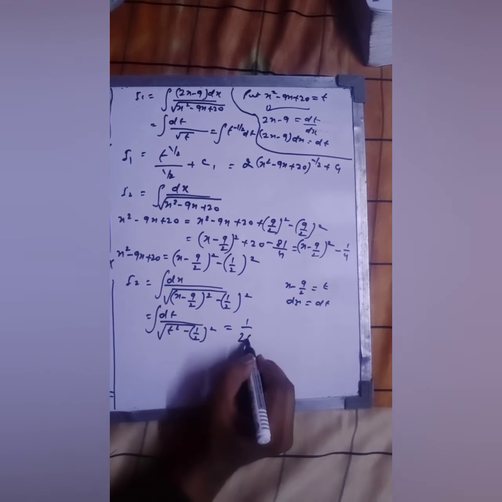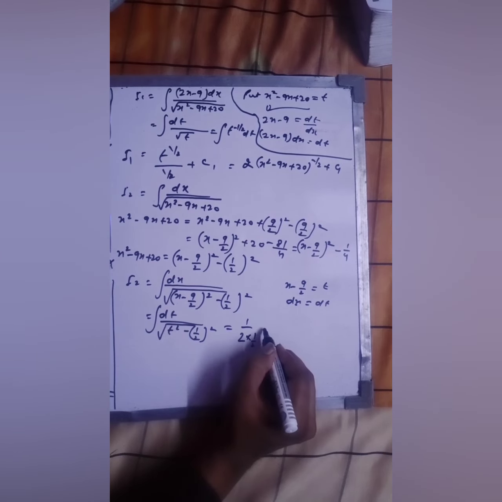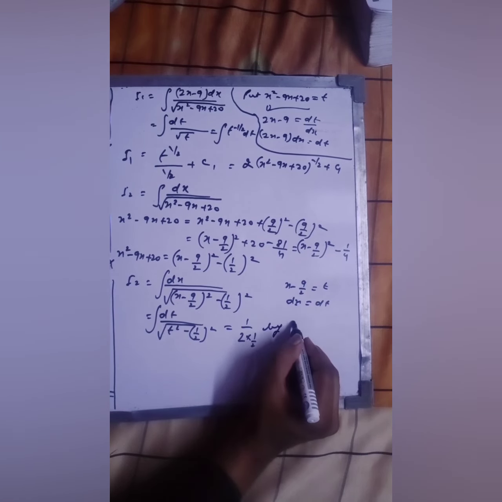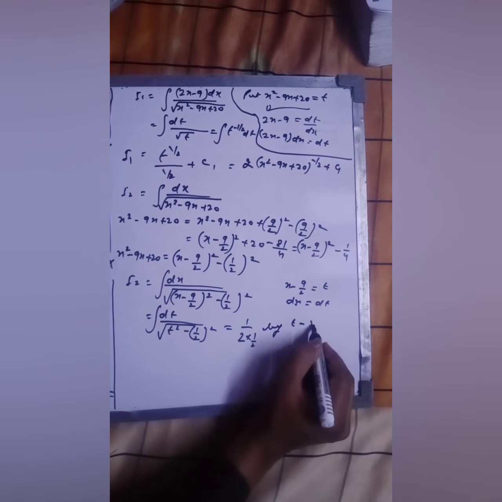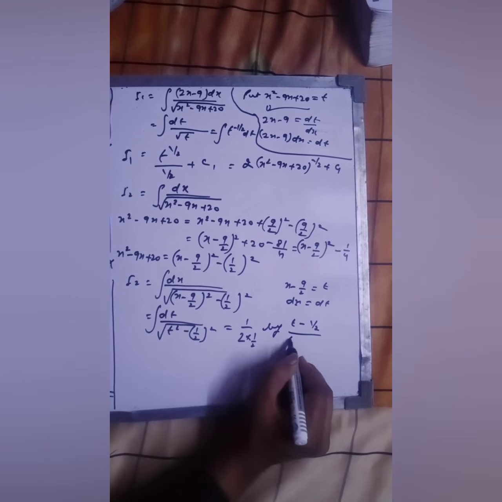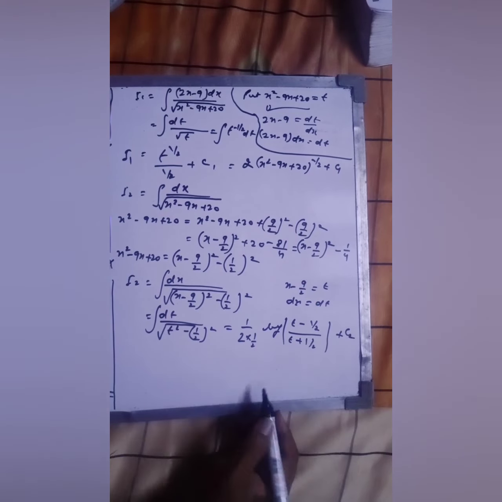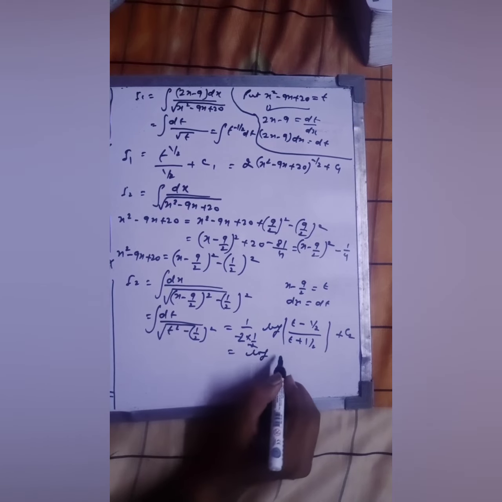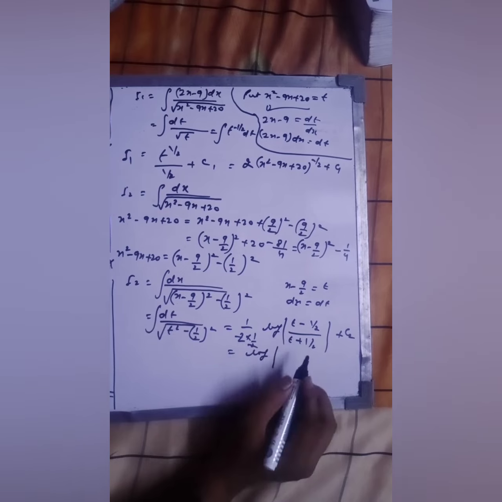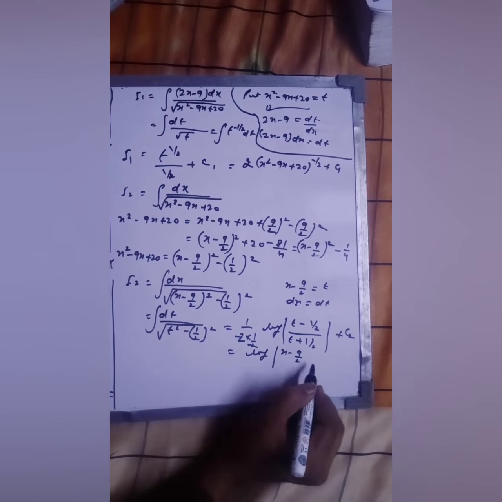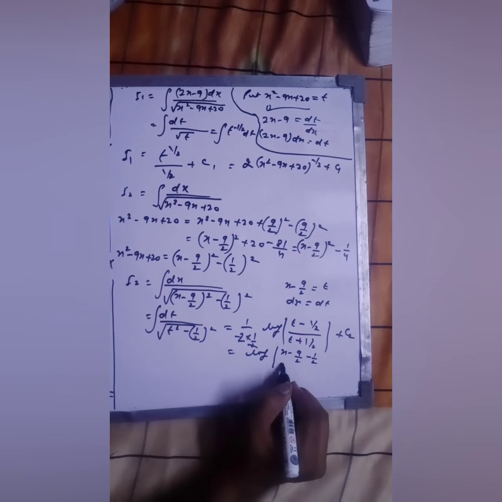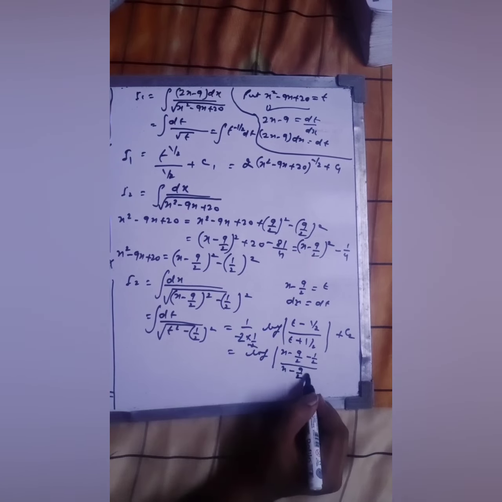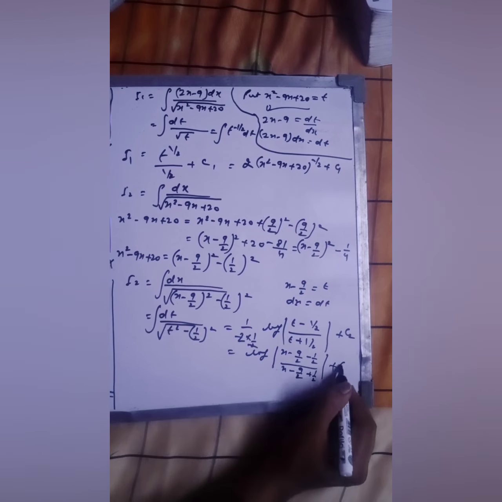Your a is 1 by 2, and x is t. So the final answer is log of (x minus 9 by 2 minus half) over (x minus 9 by 2 plus half) plus c2.